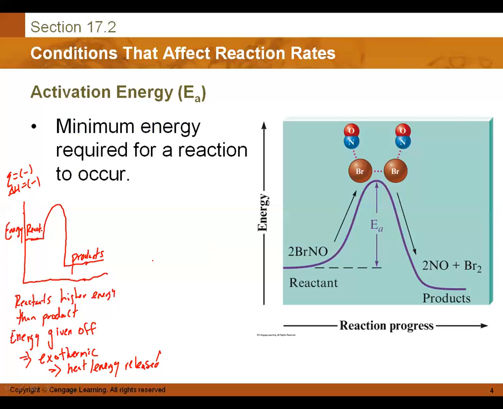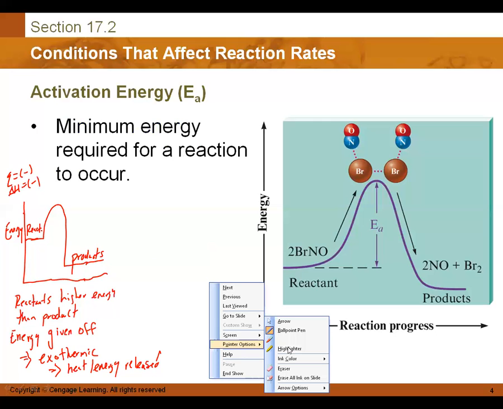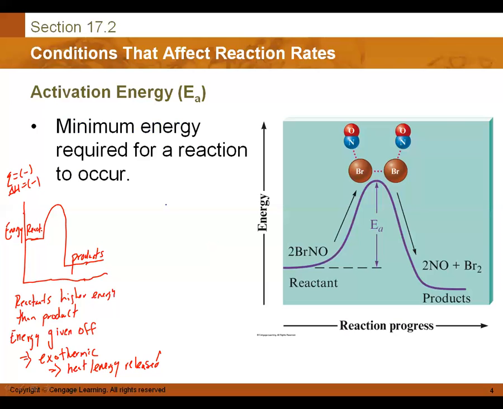The opposite of that would be an energy diagram that would be more endothermic. If we look at one of those, it looks kind of similar. Again, this would be energy. The difference is here, very badly drawn. There we go. Products and reactants.